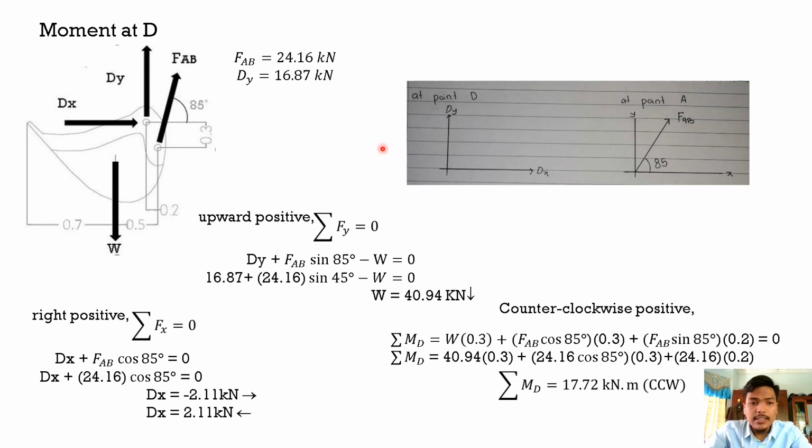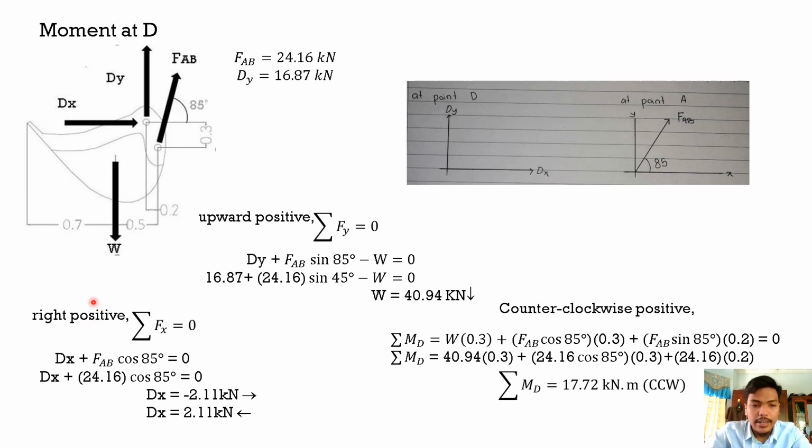In this case, after we analyze and plan our strategy, because we have forces AB and Dy value, the first thing we need to do is the summation of Fx. Summation of Fx equal to 0 according to the equation of equilibrium.